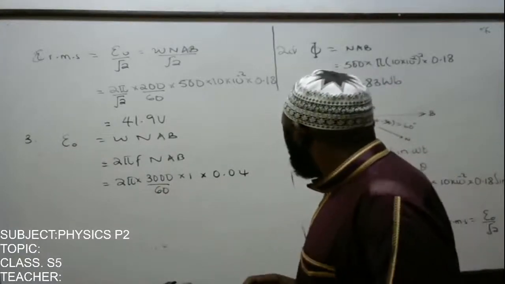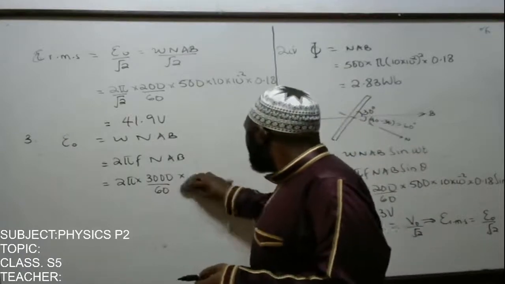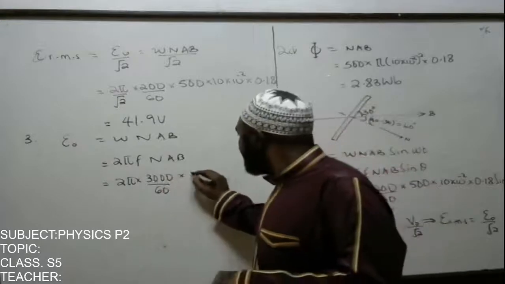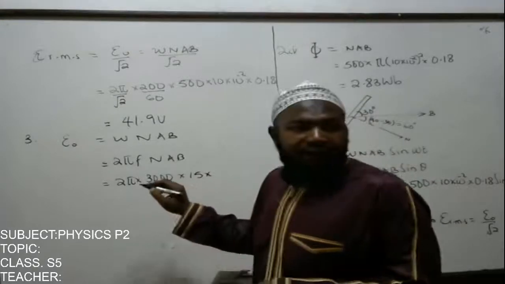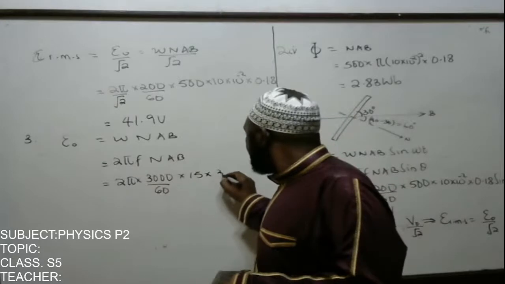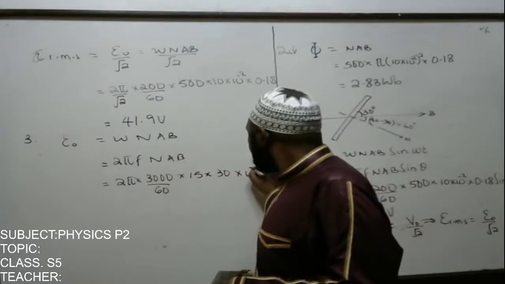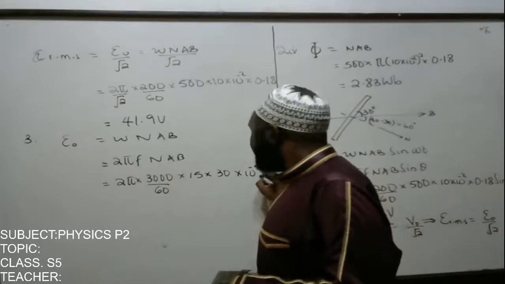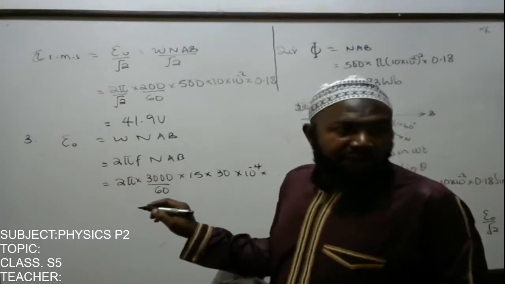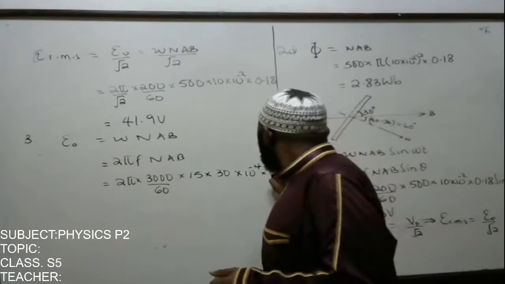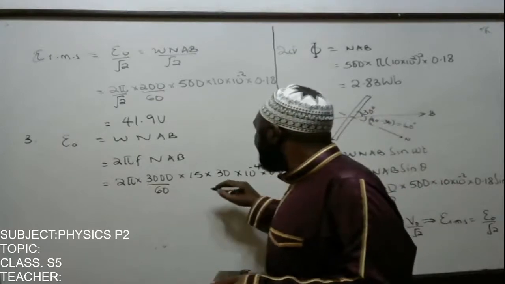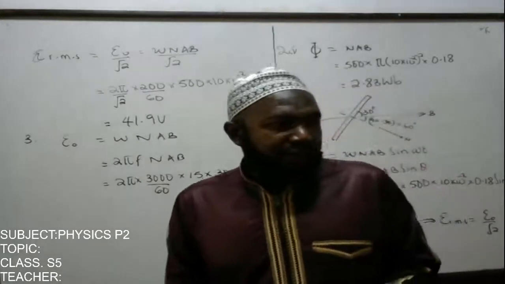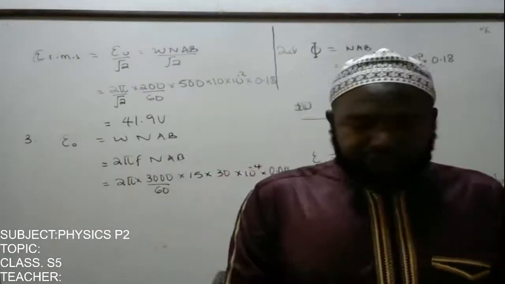Then the area, I've forgotten, I skipped the area. The area is 15 centimeters by 30 centimeters. Convert to meter square. Then times the magnetic flux density of 0.04. We can take the number of turns to be 1. And then we can find a way of getting the final expression.